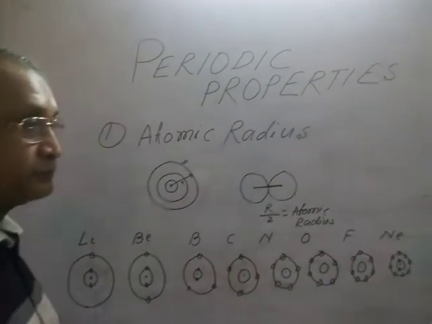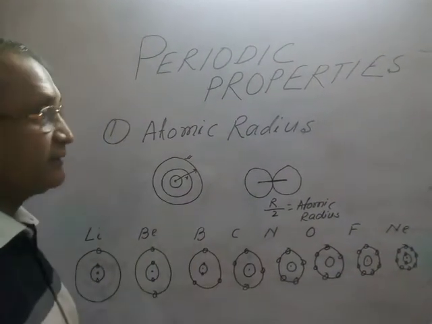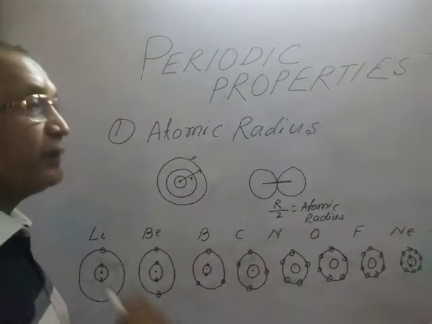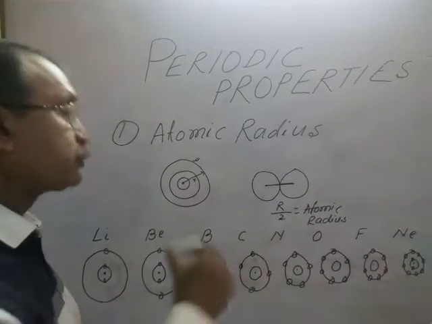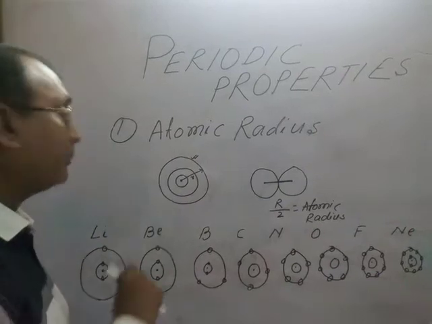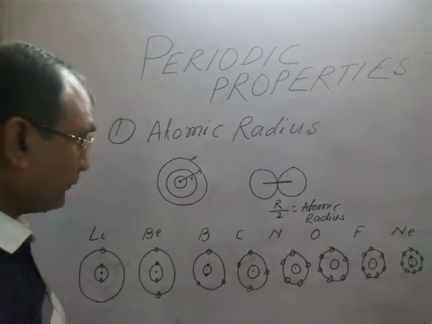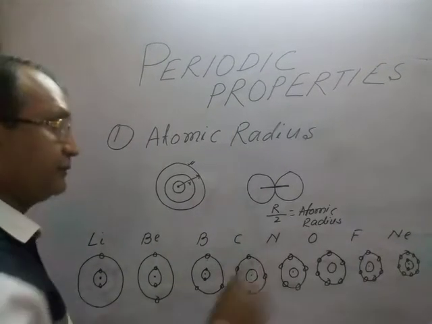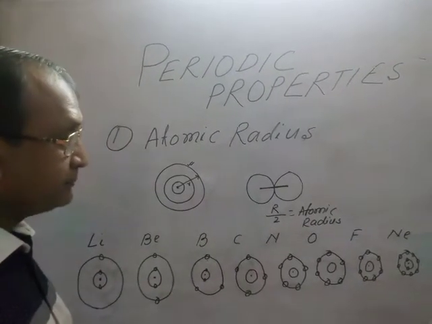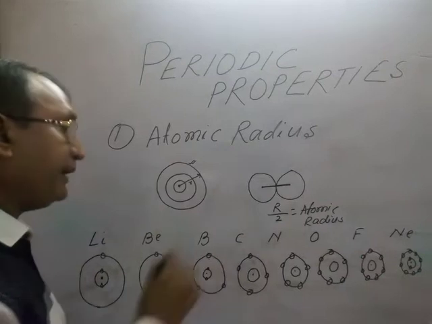For that, the atomic radius should either be equal or higher from left to right, but practically what we see is that it decreases from left to right across a period.